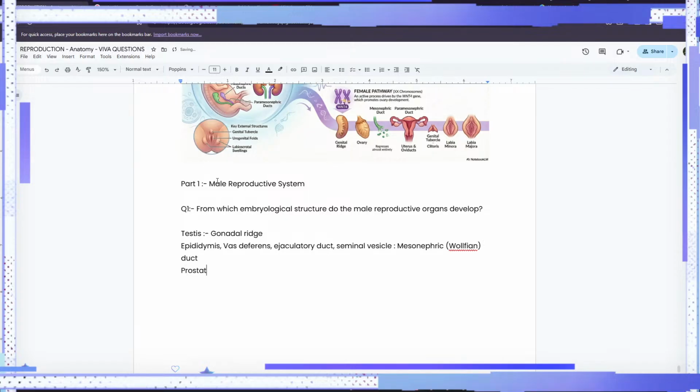Prostate and bulbourethral glands from the urogenital sinus. Penis, genital tubercle. Scrotum, labioscrotal.